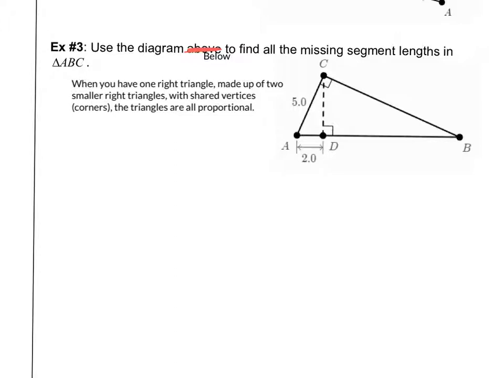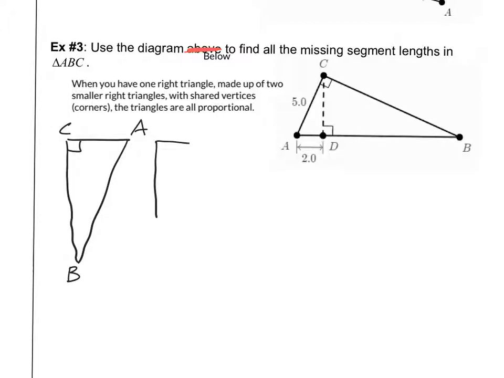So I'm going to redraw them so they're all pointed the same way. And I'll start with the really big one. When I do the really big one, I'm going to do the short leg on top and the long leg on bottom. Okay, and if I was to do that, we know that the right angle in the really big one is C. We know the long leg goes down to point B, and the short leg goes to point A. I'm going to draw the other ones the same orientation.